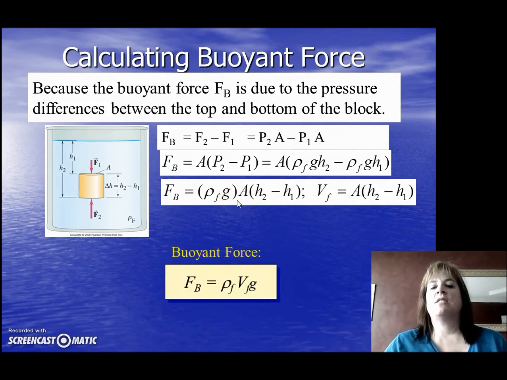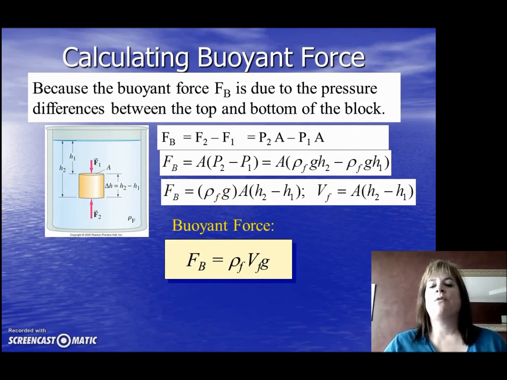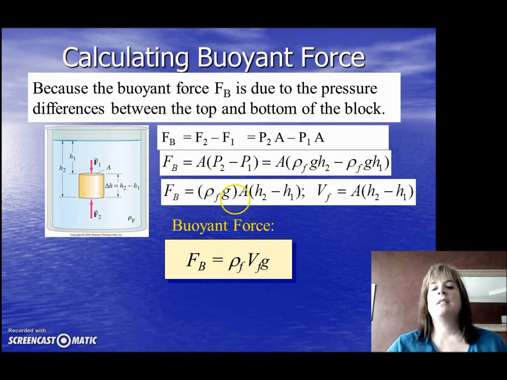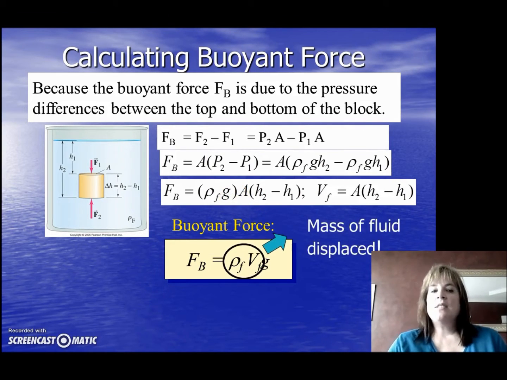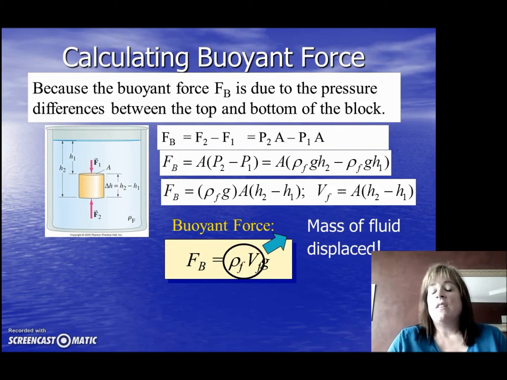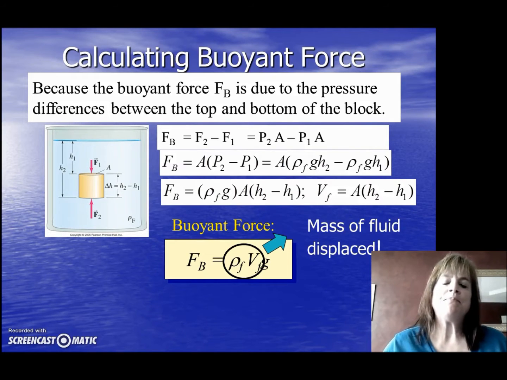So that leads us to the actual buoyant force equation. The buoyant force is equal to the density of the fluid, not the object, times the volume of the fluid displaced times the acceleration due to gravity. Now notice that density times volume is mass. So the density of the fluid and the volume of fluid is just the mass of the fluid displaced. So we could also rewrite the buoyant force as the weight of the fluid, mg.